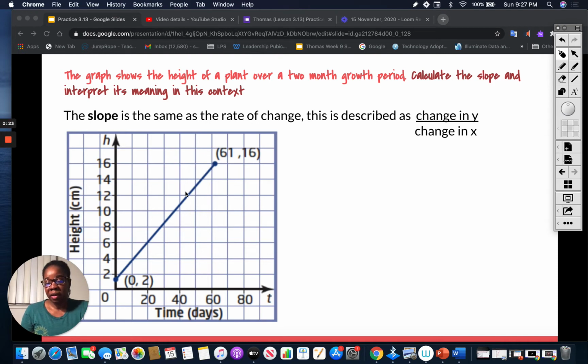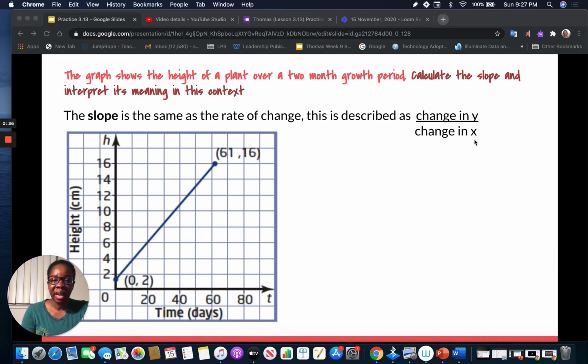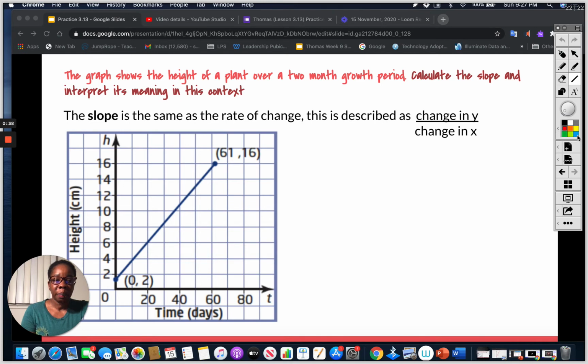Whenever I am given a graph and they've already identified 2 points on it, you can use any 2 points, but I know these are two trusted points. So I'm just going to go ahead and use those 2 points to establish the slope triangle.